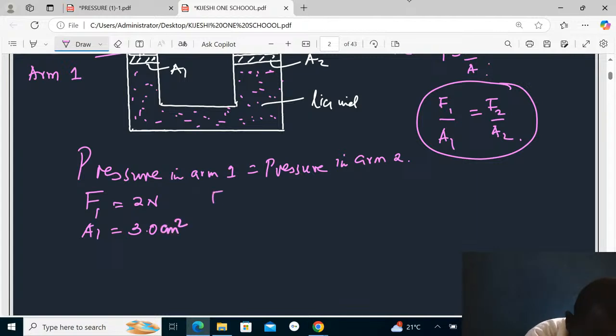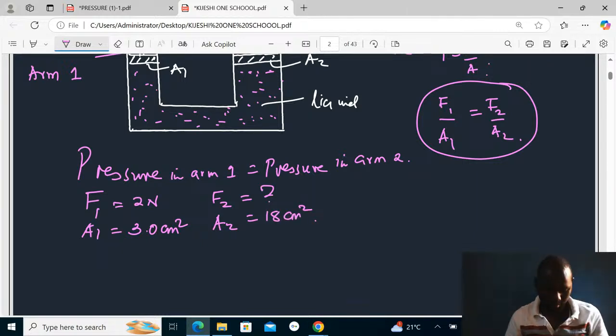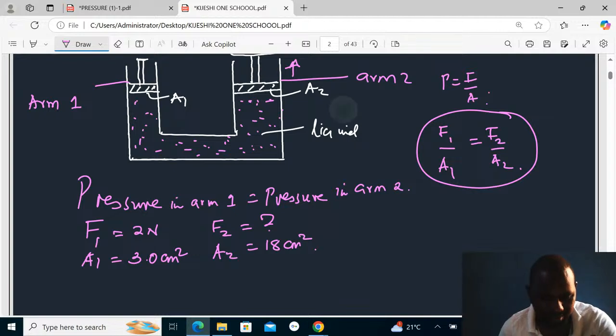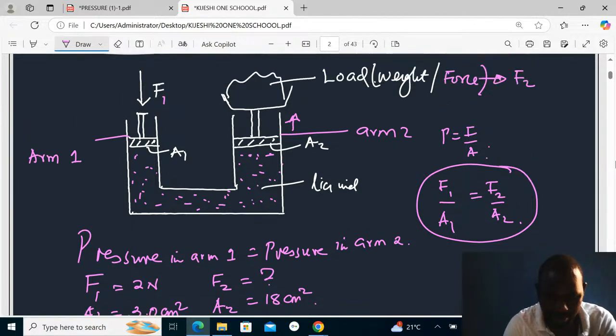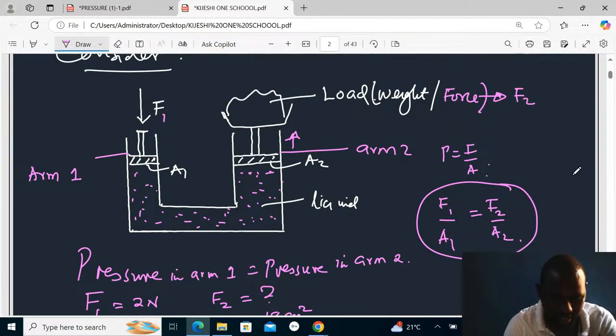Force 2, we are being asked, and then area 2 is 18 square centimeters. Now we can solve. We are being asked what will be the weight, or the load, that can be lifted up by this setup.